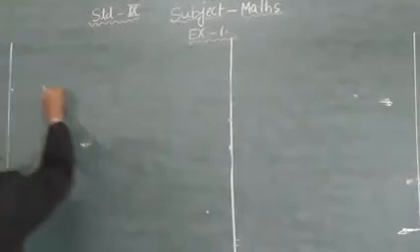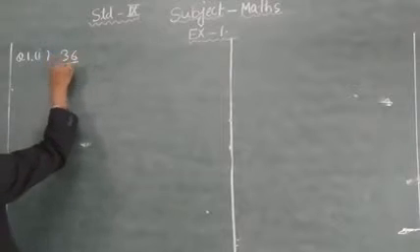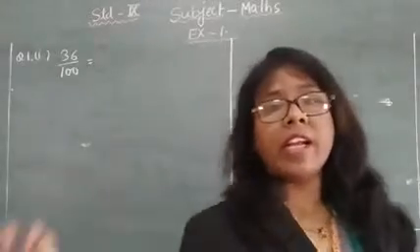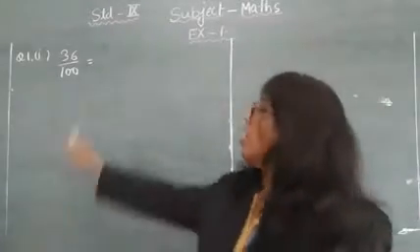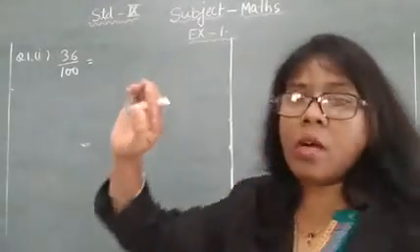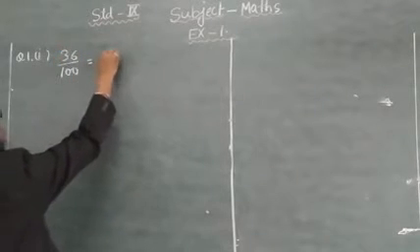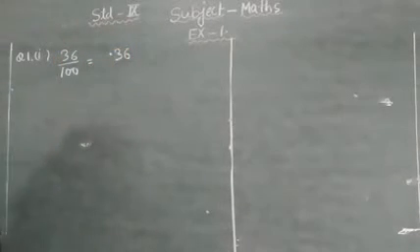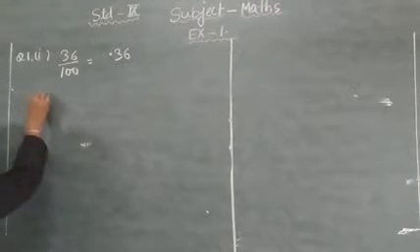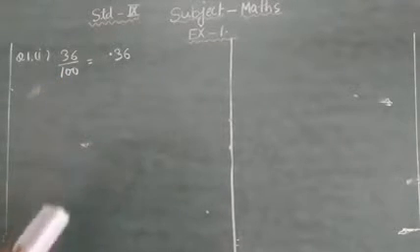Just see question number 1. This is the first one, 36 upon 100. This concept you have already read in standard 6 and 7. The denominator has 2 zeros, so from our extreme right-hand side we count 2 places and put the decimal point, that is 0.36. Now, which type of decimal expansion is this?